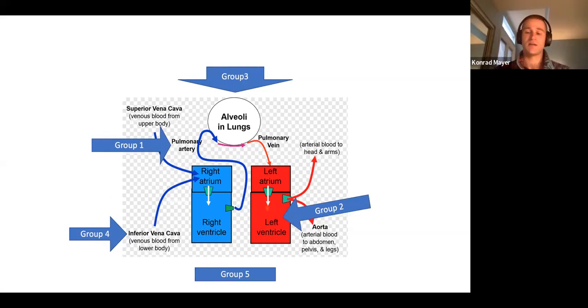This is mostly idiopathic and would mostly present in younger female patients around 35 years of age. Group 2 is pulmonary hypertension resulting from issues with the left heart or left ventricle.